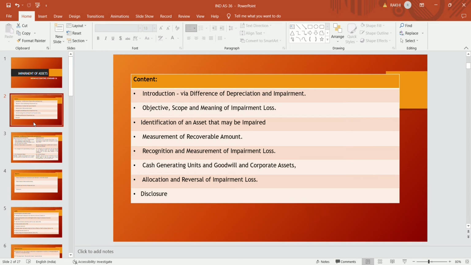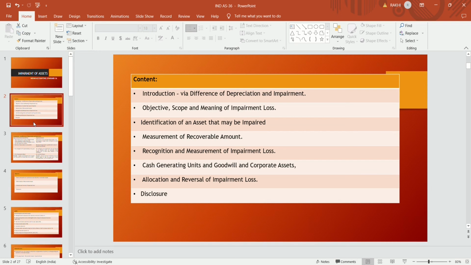But impairment is once in a while, like if some situation arises which is unfavorable to the asset, then only impairment testing is to be done, and then only the impairment for that asset is to be done. So firstly we will discuss the difference between depreciation and impairment.